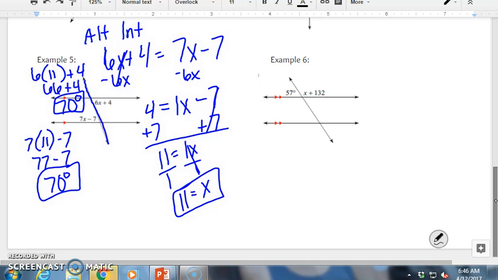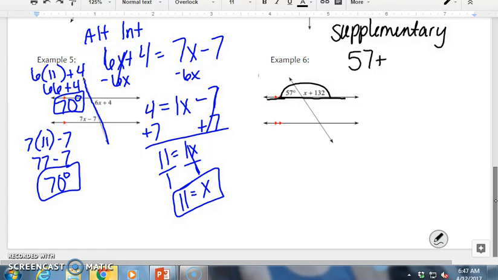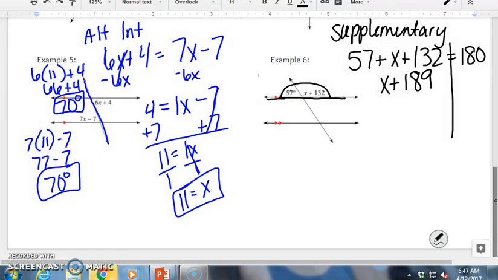And this last one, these sit on the same line on the same side. So these are going to be supplementary angles. Okay? And supplementary angles, we know, add up to 180 degrees. So we're going to take 57 plus x plus 132 equals 180. So 57 plus 132 is 189.